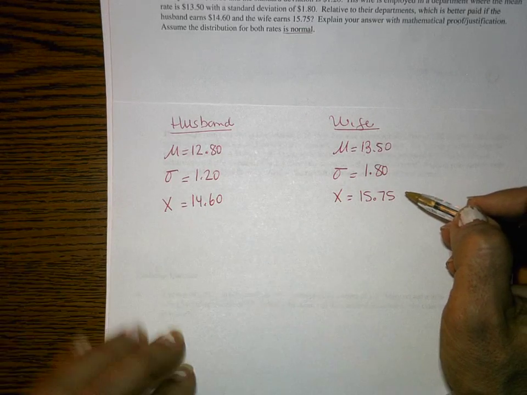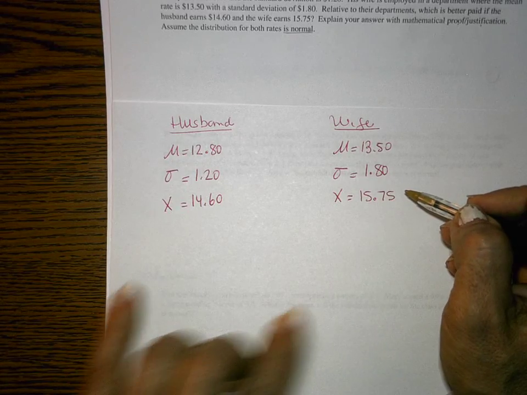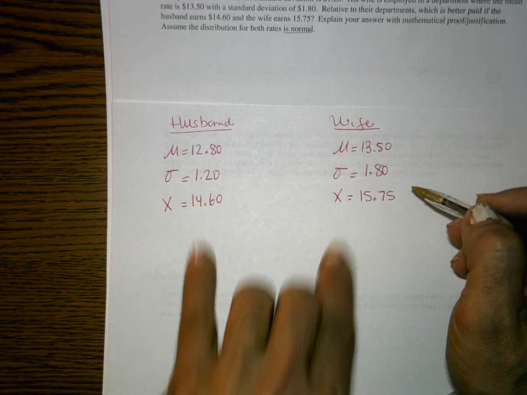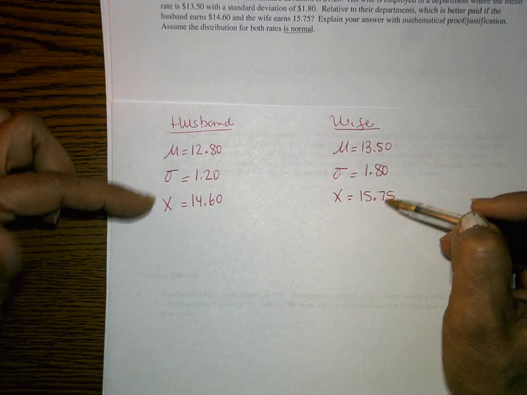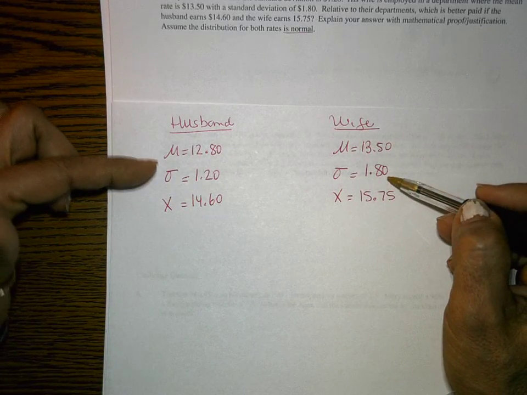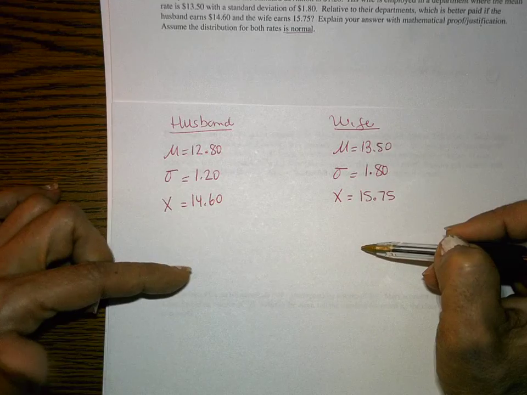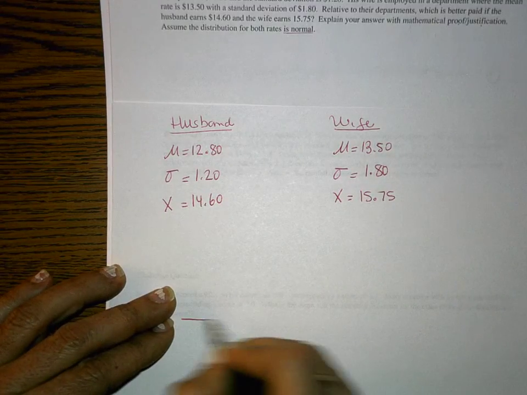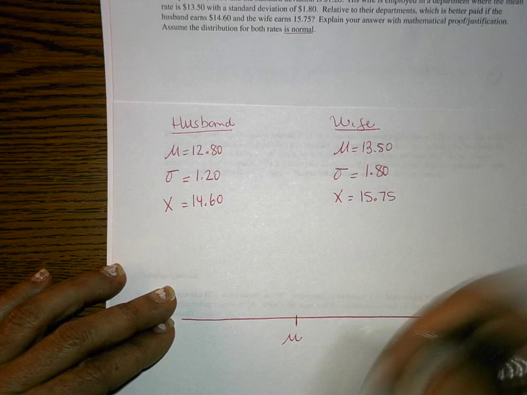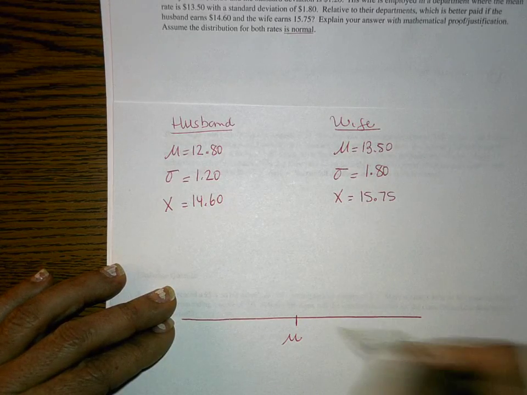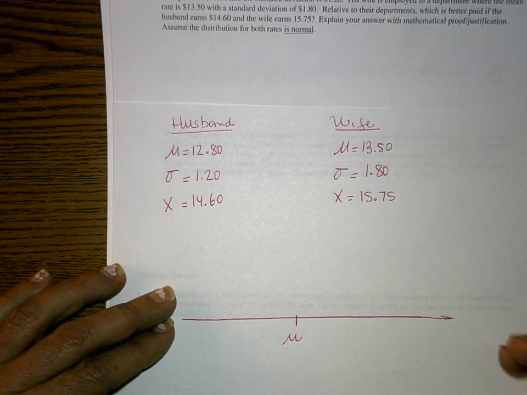The nice thing about z-score is that it standardizes both of their values. These are totally different values and averages, but z-score puts them in the same relation to the mean, so I can put both of them on the same line and find their position.